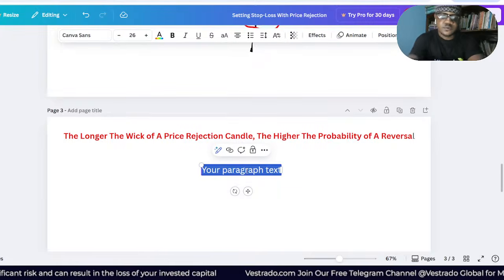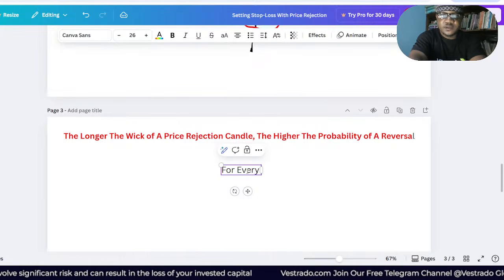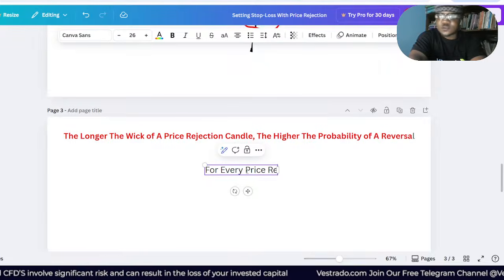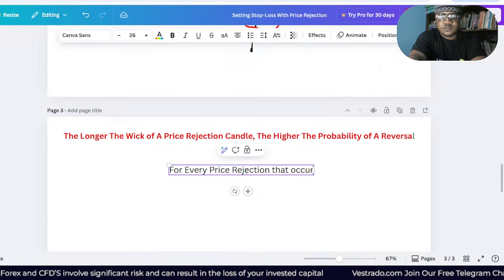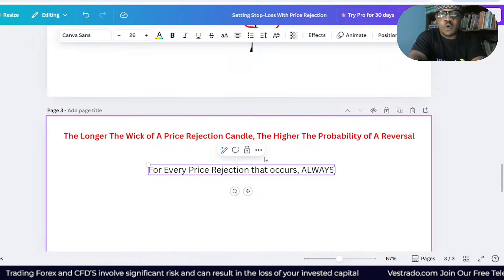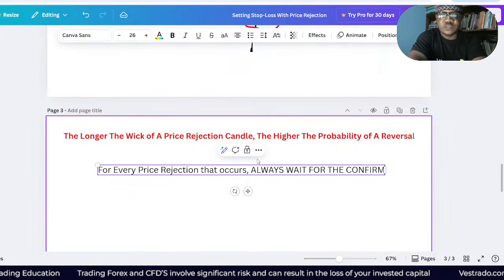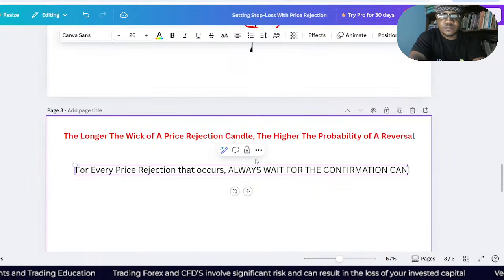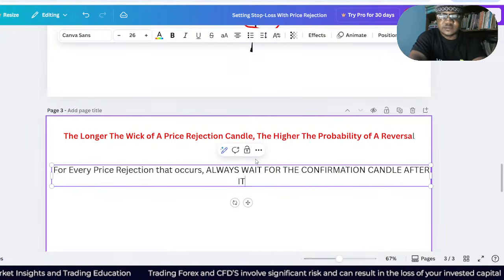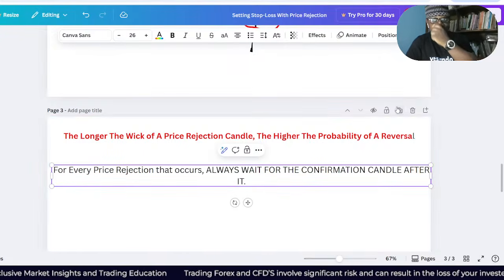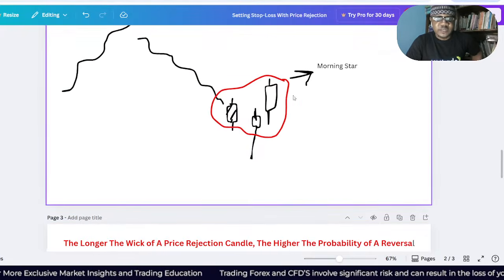Now, for every price rejection that occurs, always wait for the confirmation candle after it. What do I mean by the confirmation candle? What's the confirmation candle?